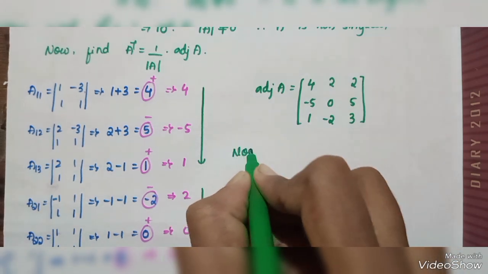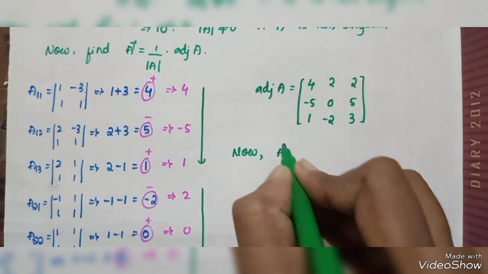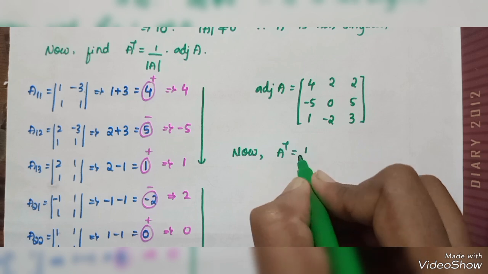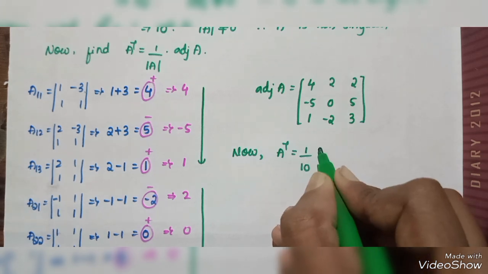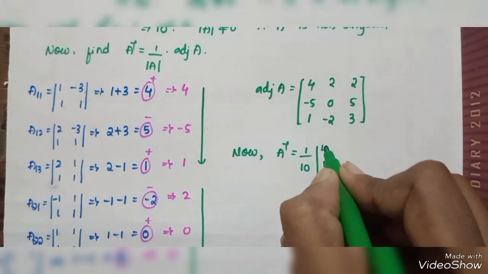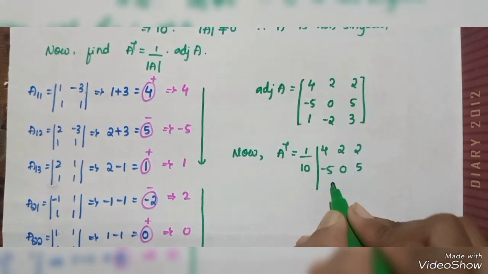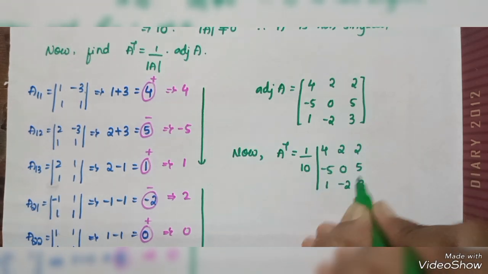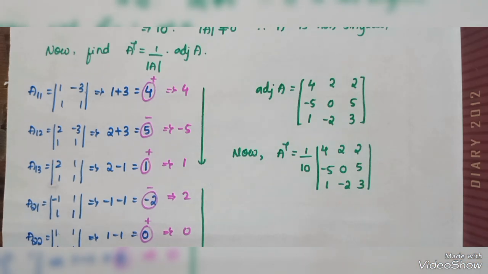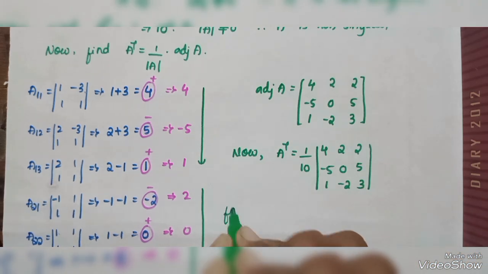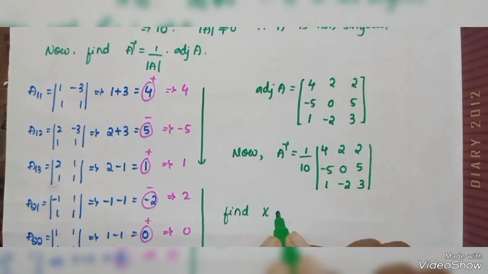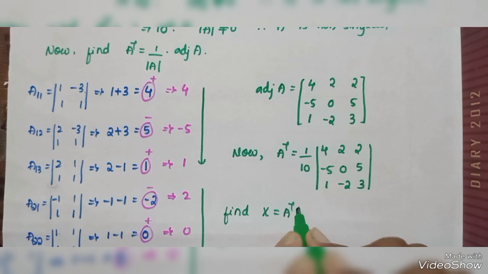Now A inverse becomes, A inverse is equal to 1 divided by 10 into adjoint of A, that is 4 2 2 minus 5 0 5 1 minus 2 3. Again we have to find X is equal to A inverse into B. Now substitute the values.